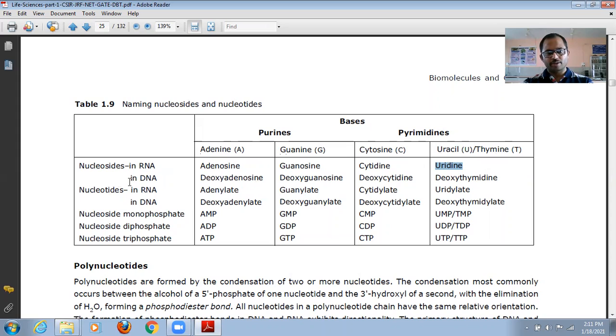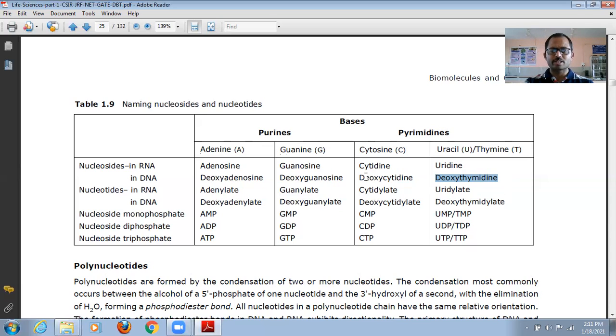In case of the DNA, we can see these nucleosides: deoxyadenosine, then deoxyguanosine, these are the two purine nucleosides, and the pyrimidine nucleosides, deoxycytidine and deoxythymidine.